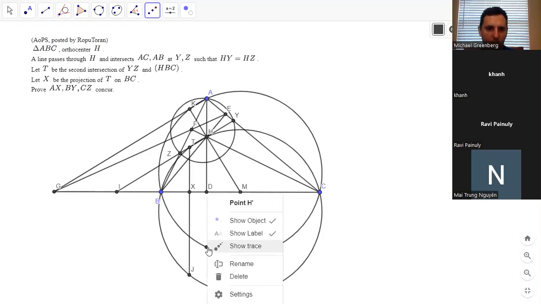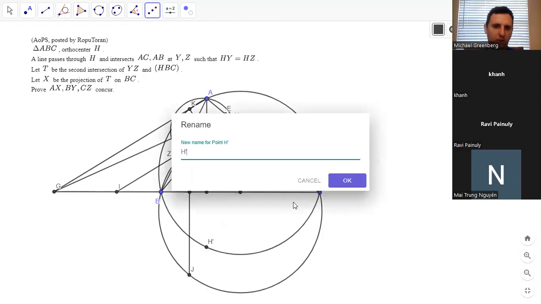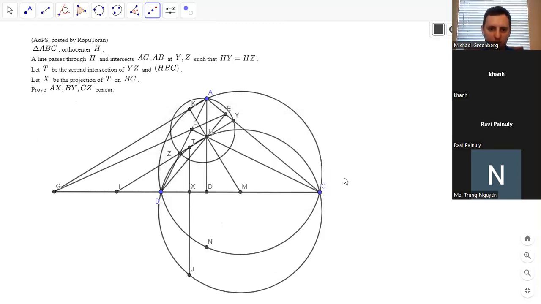So maybe I'll draw this point. We're trying to reflect across BC, because then it would be the same as showing that KBNC is harmonic. And I think that's well known, or probably easy to prove, right?